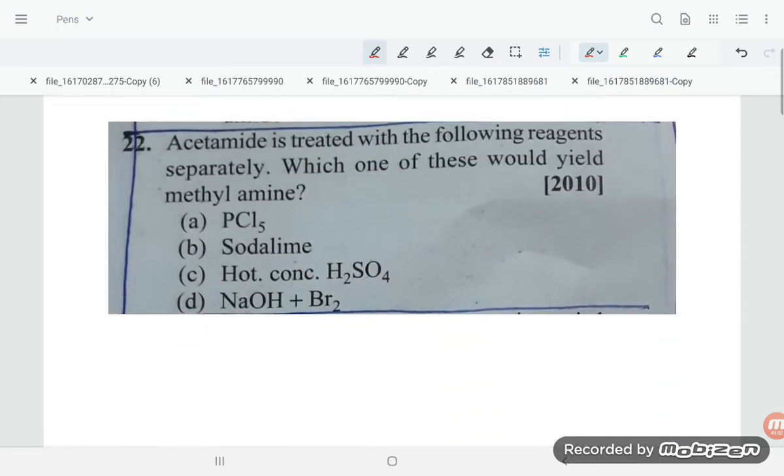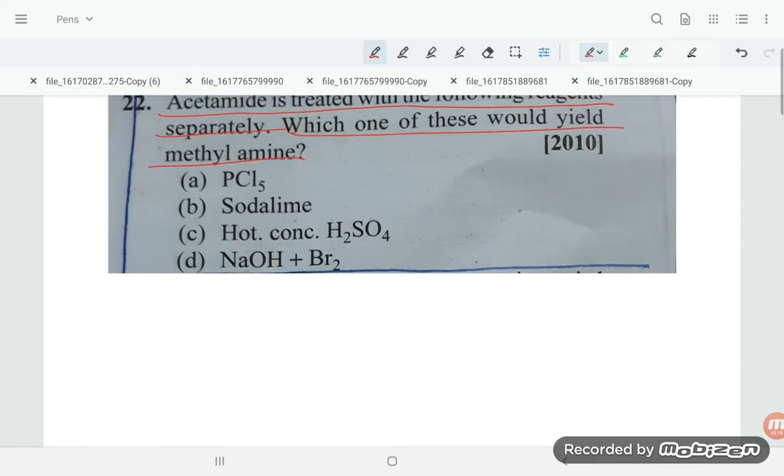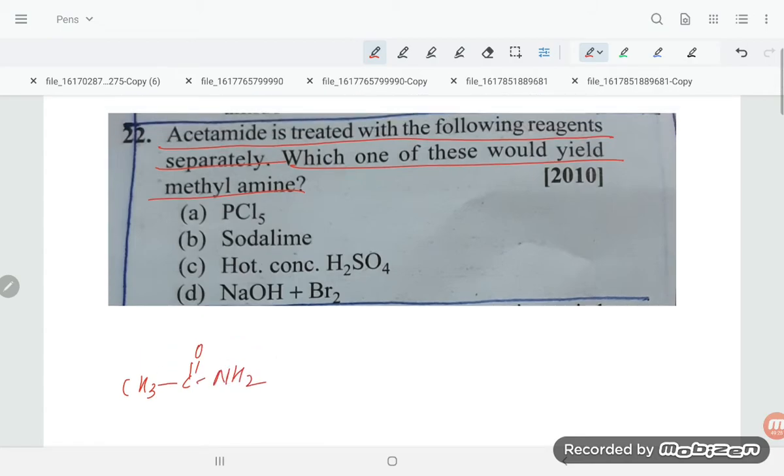Let us move to the next question, student. Acetamide is treated with the following reagents separately. Which one of these would yield methylamine? Acetamide is CH3CONH2, and the product is methylamine, CH3NH2.